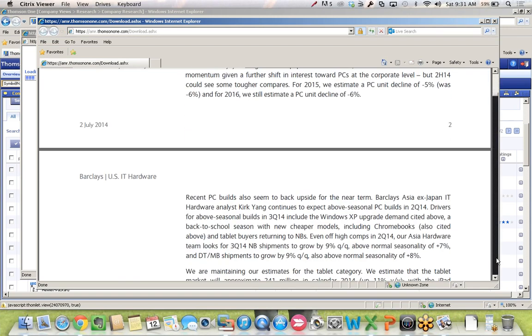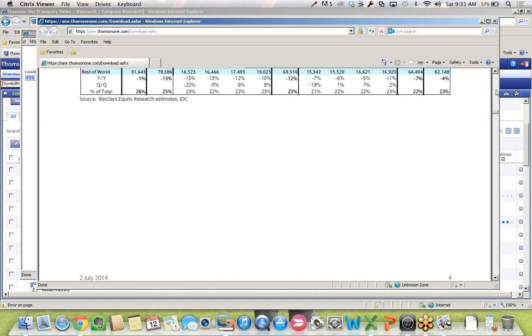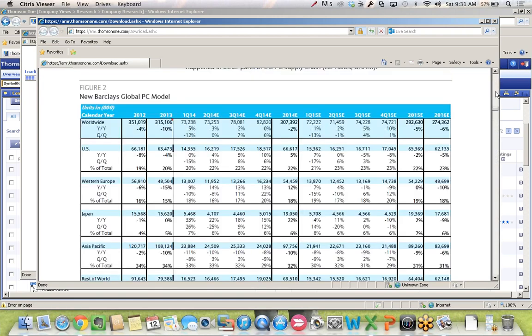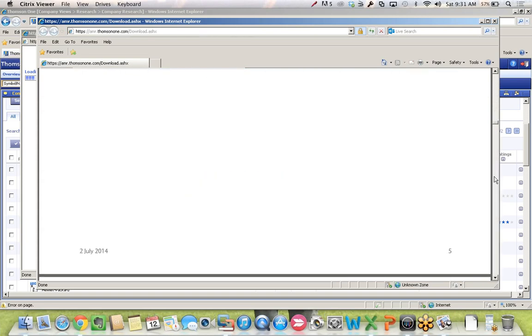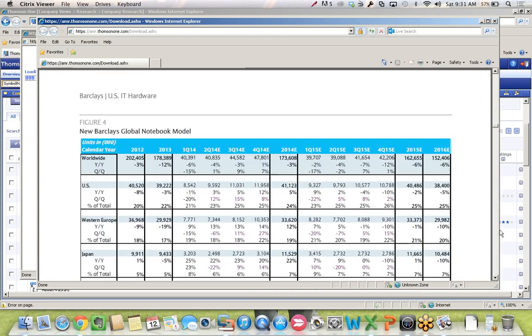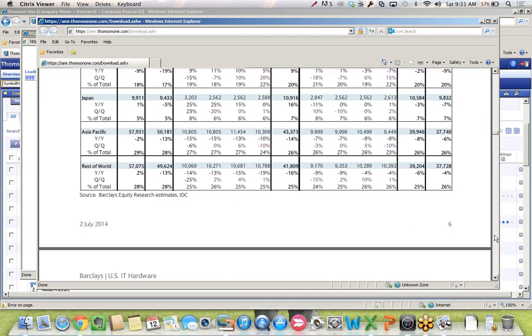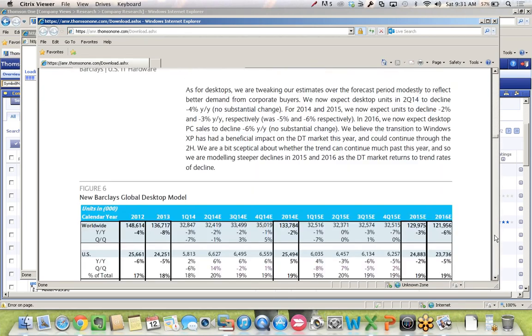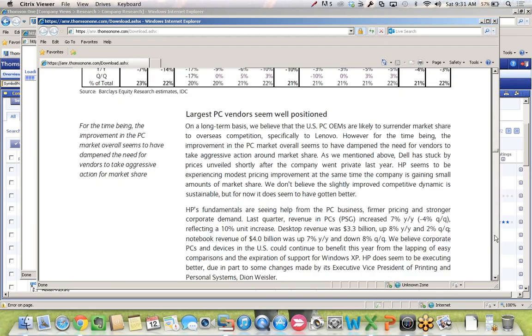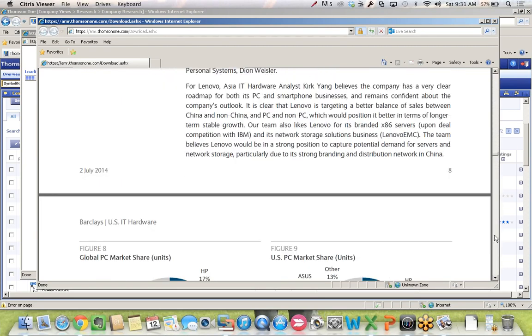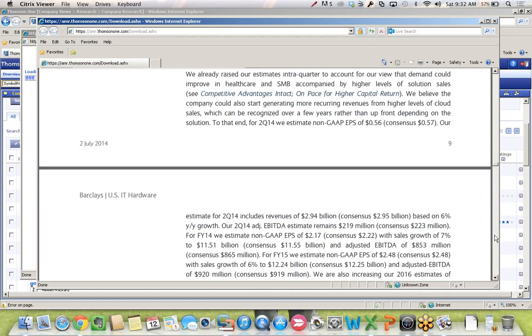Obviously, they're talking about the PC business. And down in here, you can actually see what their PC model is for growth. Notebook model. So basically it looks like they're just drawing from IDC. There's a hardware model. They talk about market share.